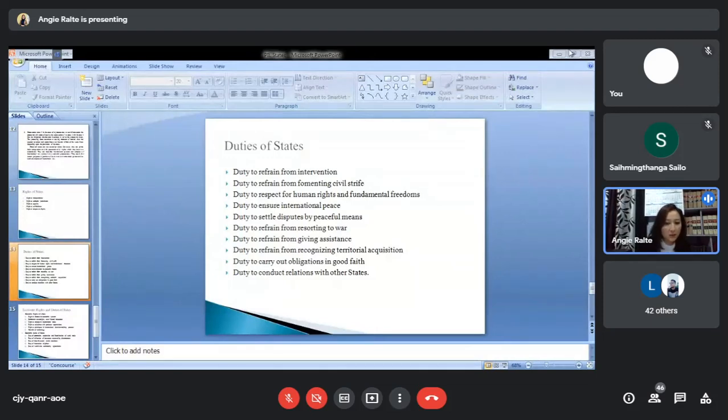Refrain from giving assistance: it is the duty of the state to refrain from giving assistance to any state which is acting in violation of Article 39, that is, in violation of the duty to refrain from resorting to war, or against which the United Nations is taking preventive or enforcement action.